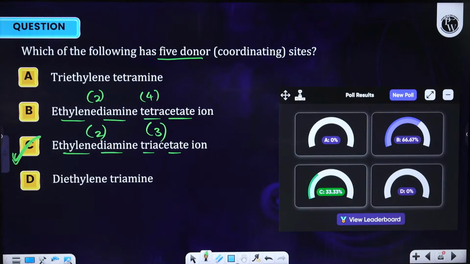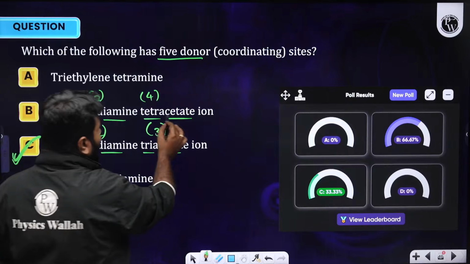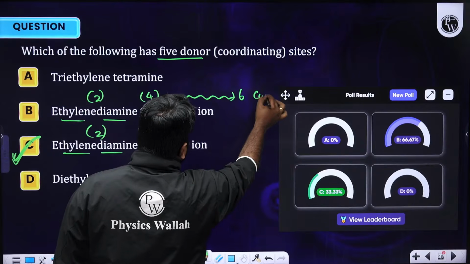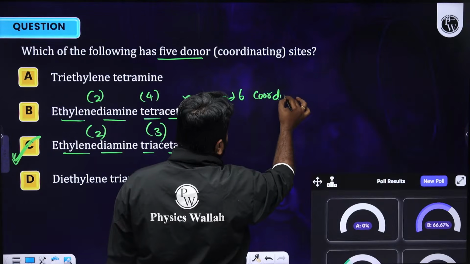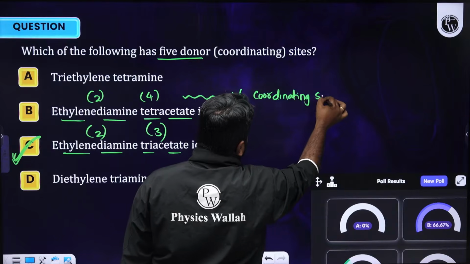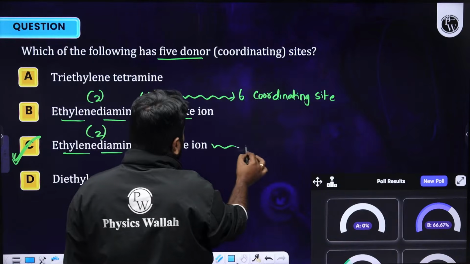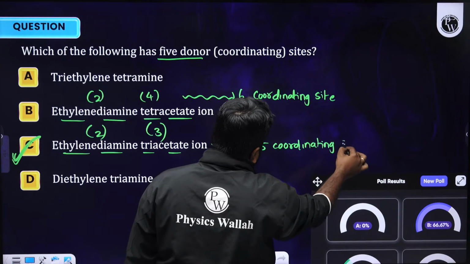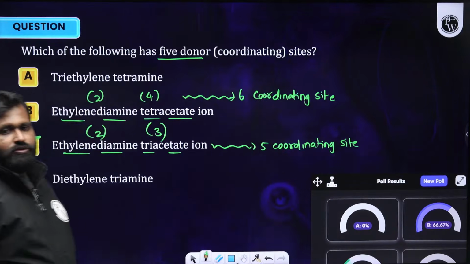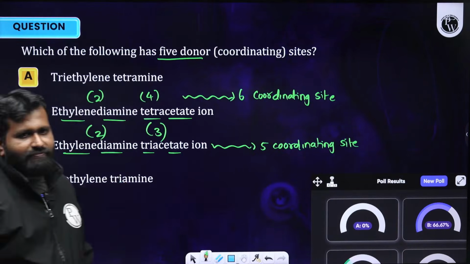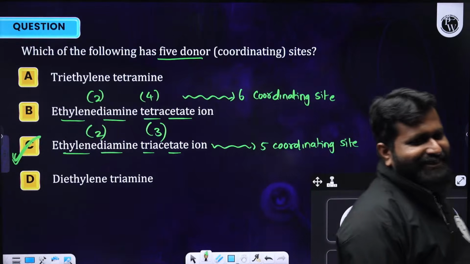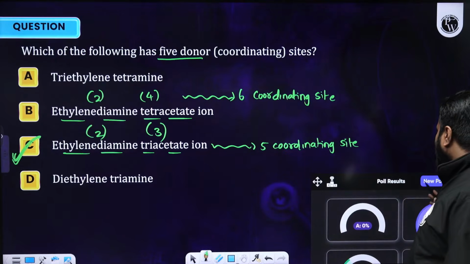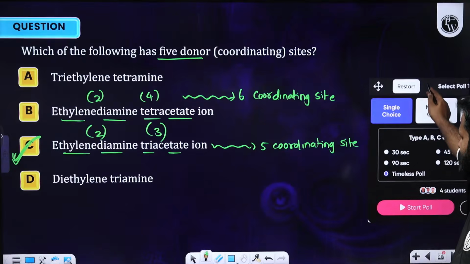Ethylenediamine tetraacetate ion will have 6 coordinating sites. If I talk about this one, this is having 5 coordinating sites. Everybody getting the idea? 6 donor is B, but the question is all about 5 donor. 5 donor means option C is the right answer. Next question.